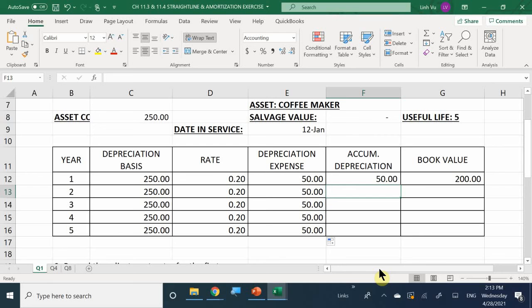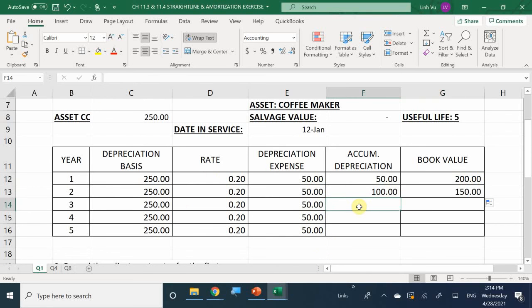So here, what is my accumulated depreciation for the second year? $100, right? 50 plus 50 is 100. Therefore, what is going to be my book value? 150. Same thing now, right? This is pretty easy math, right?